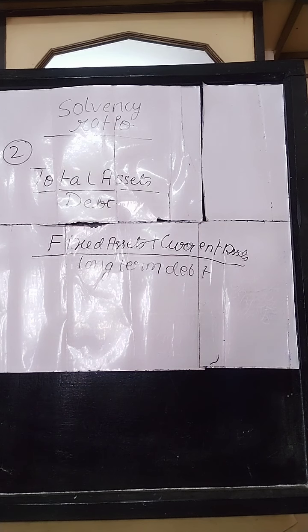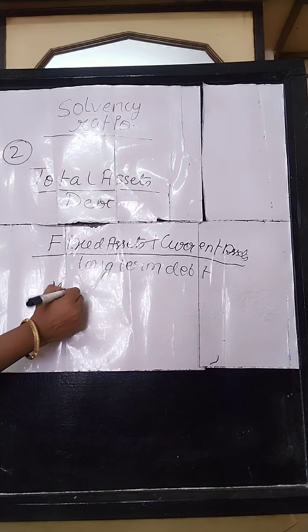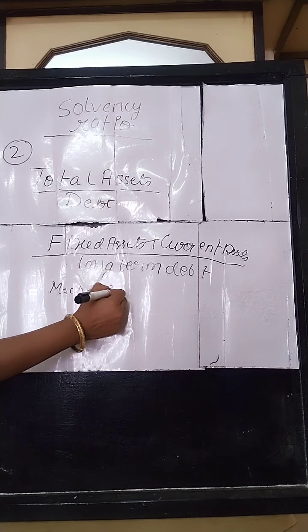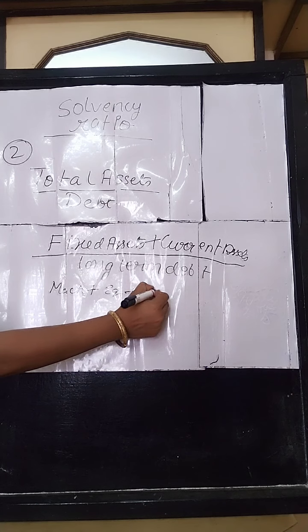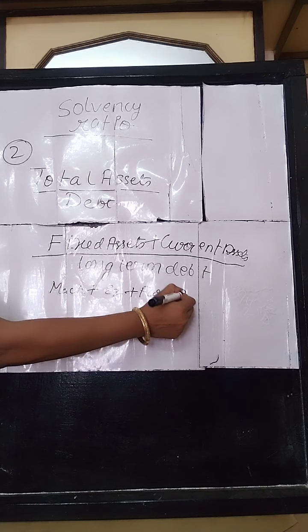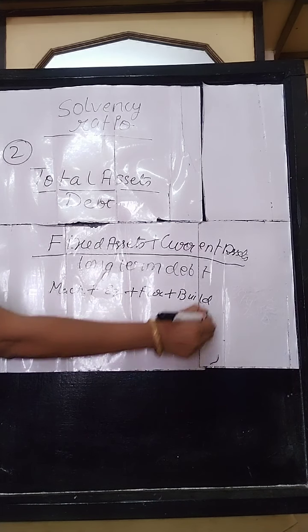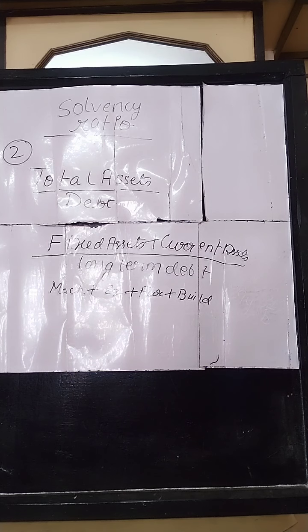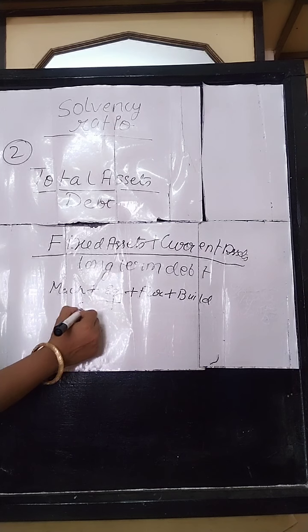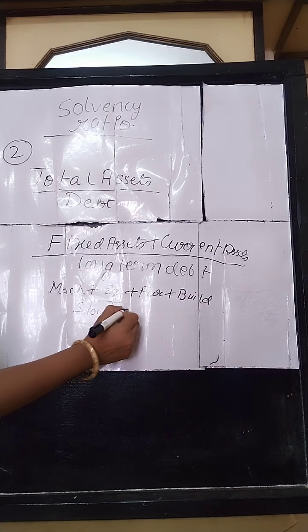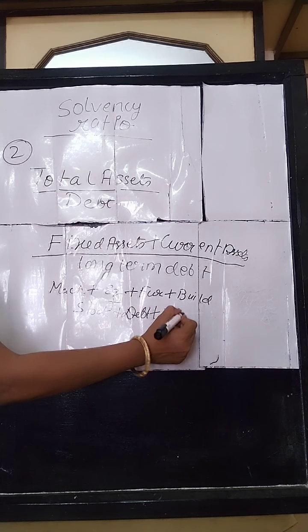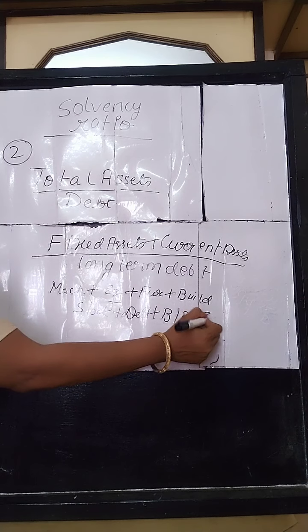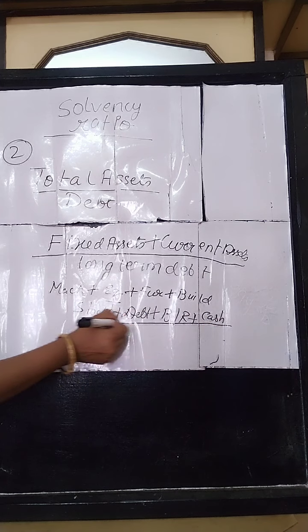Under fixed assets what will come? All the machinery, equipment, furniture, building, etc. All the tangible fixed assets. And current assets means the stock, debtors, bills receivable, cash, prepaid expense, etc., which will come in the numerator.